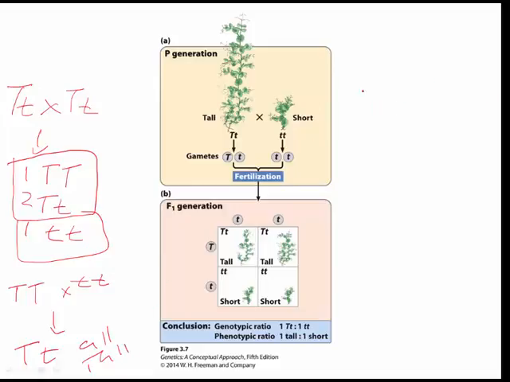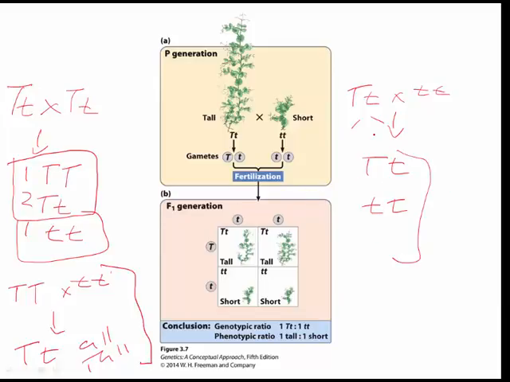The other possibility is you could have big T cross to little t, and you would get one half look like this and one half look like this if these alleles are segregating away from each other. He did that, and sometimes he got this result, and sometimes he got this result.